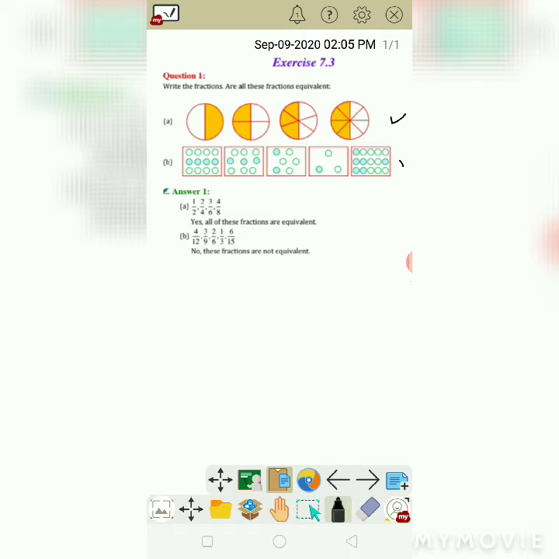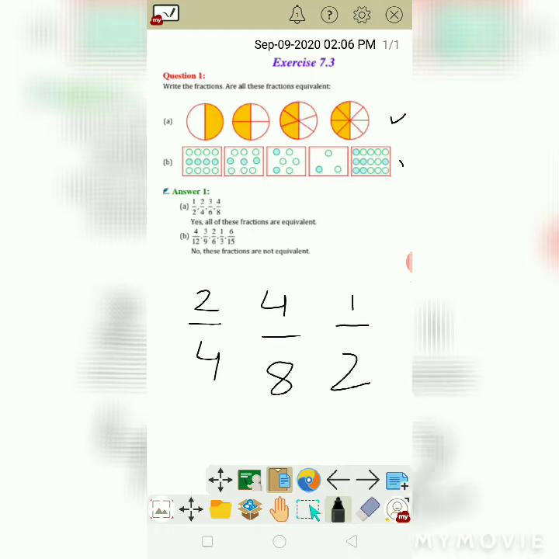First of all, we'll discuss what equivalent fractions are. Let us take an example like 2 by 4, 4 by 8, 1 by 2. Let us check whether these fractions are equivalent or not. If we cancel 2 by 4, that means if we form the lowest form of this, we will get 1 by 2 after cancelling it.